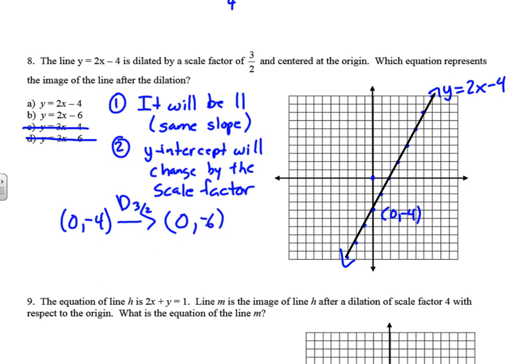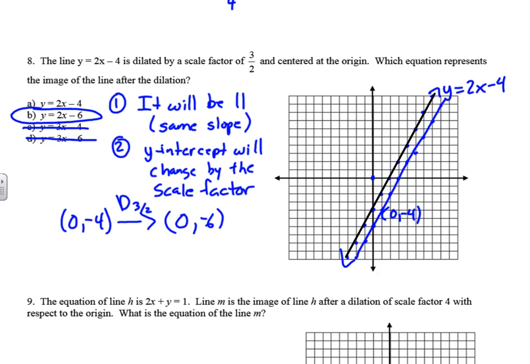So we move this down, and it still is a parallel line to that initial line. But what's the y-intercept? The y-intercept of this line now is 0, -6. So that would be choice B.